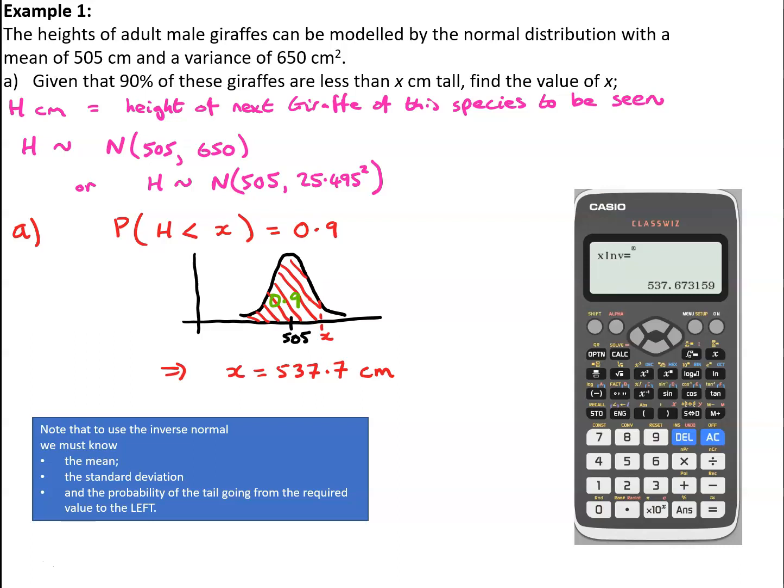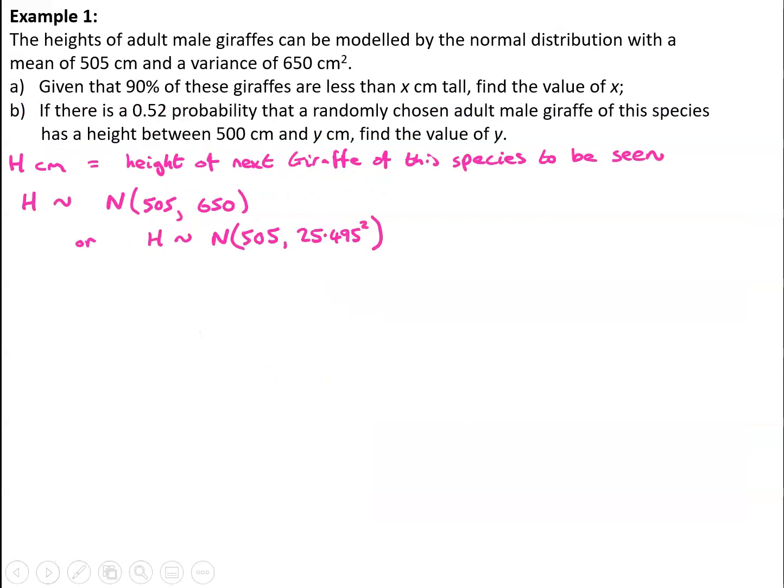Okay, so let's now move on to a second example then. In this case, we're being told that there is a 0.52 probability that a randomly chosen adult male giraffe of this species has a height between 500 centimeters and y centimeters. We've got to find the value of y.